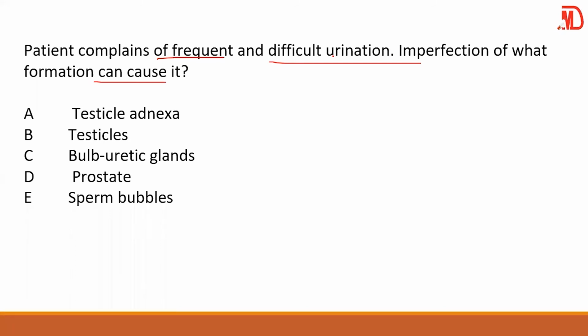So we're looking at BPH or prostate cancer. Apart from that, infection can cause, of course, frequency and difficulty urinating. But apart from infection, the structure that can cause it is the prostate gland. So over here, we're looking at D, the prostate.